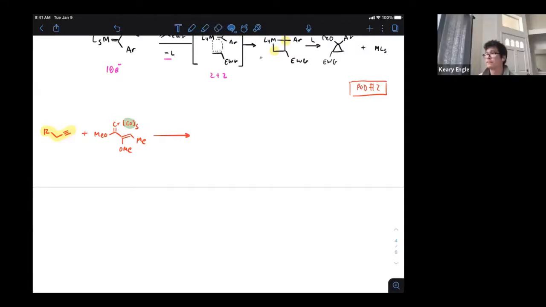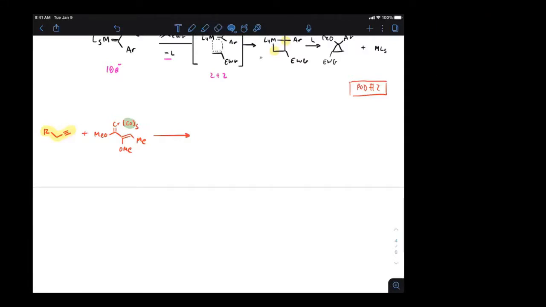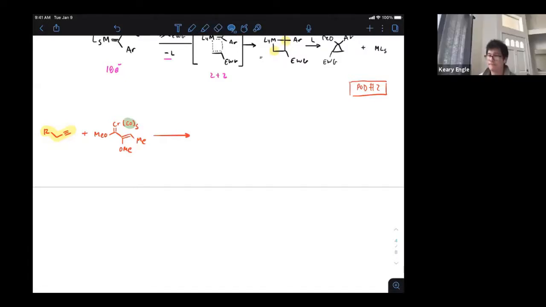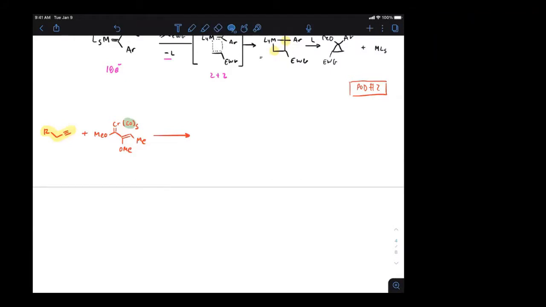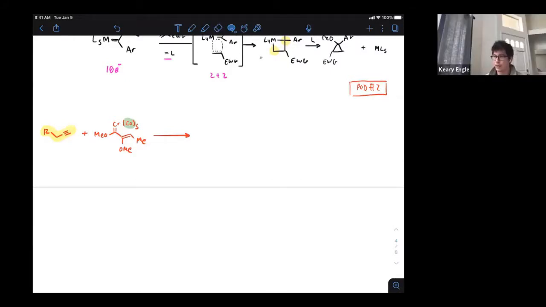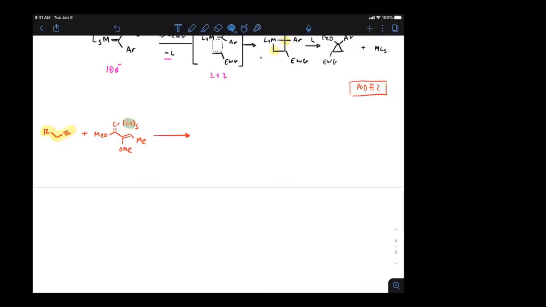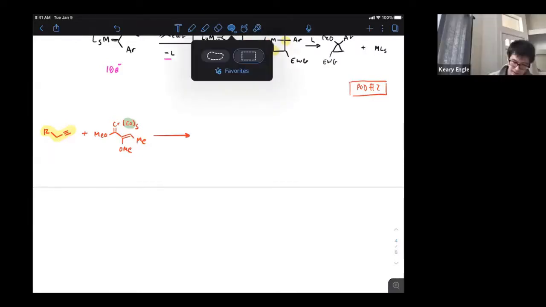Which after CO insertion, you generate a ketene. Okay. And the ketene can do electrocyclization. Aha. Okay. And what is the final product, Nathan? It's a phenol. Wow, nailed it.